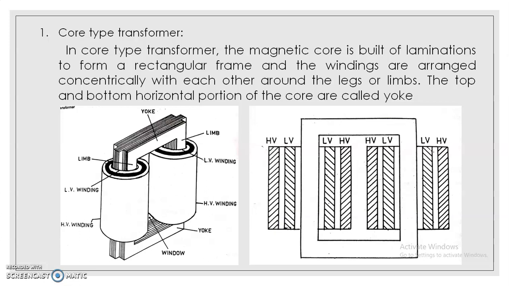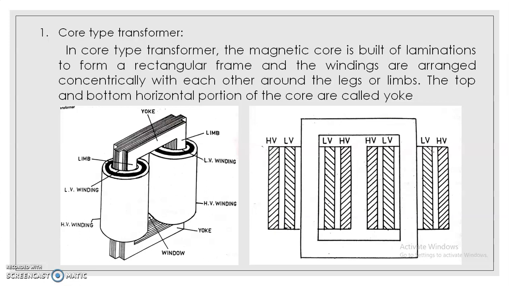In the figure you can observe that the rectangle frame is there, and the vertical part of that rectangular frame is called the limb, and the horizontal part is called the yoke. The windings are always placed on the vertical limb, and it is of concentrical type.